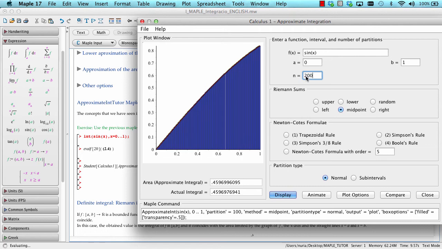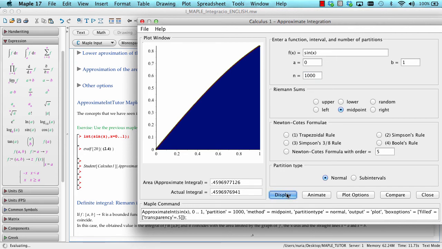But as you see, in all the cases, as I increase the number of rectangles, I'm tending to the same number. This is because the function is integrable, and if I do the limit, I would get the value of the integral, okay?